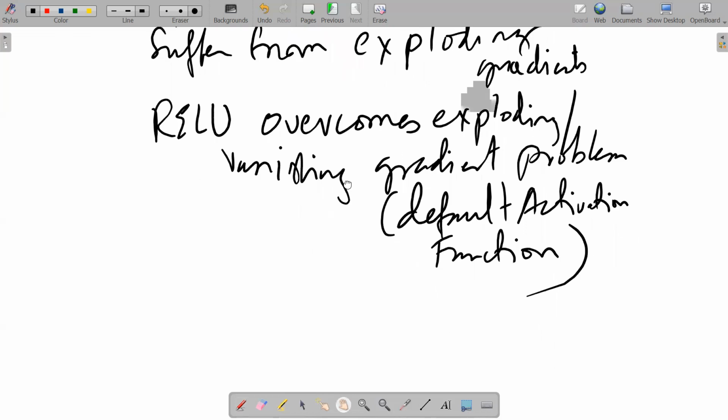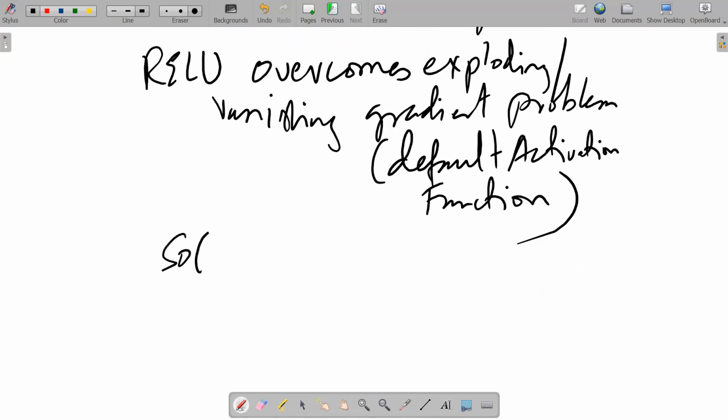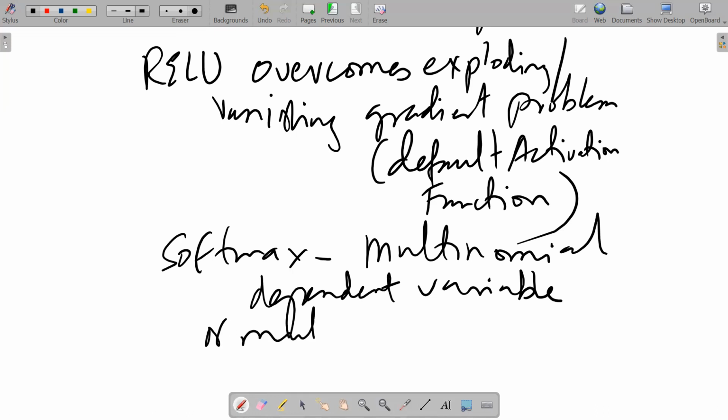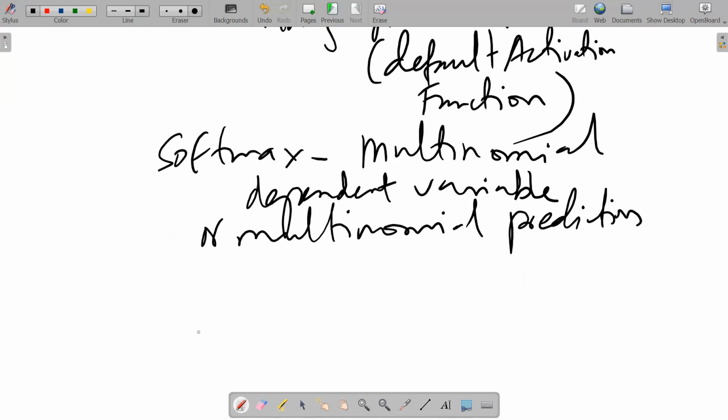Now, one more activation function is there, softmax. It is used for a multinomial dependent variable, when you're predicting more than 2 classes, or multinomial predictions. This is the softmax function, which you have to use when you're predicting more than 2 classes.